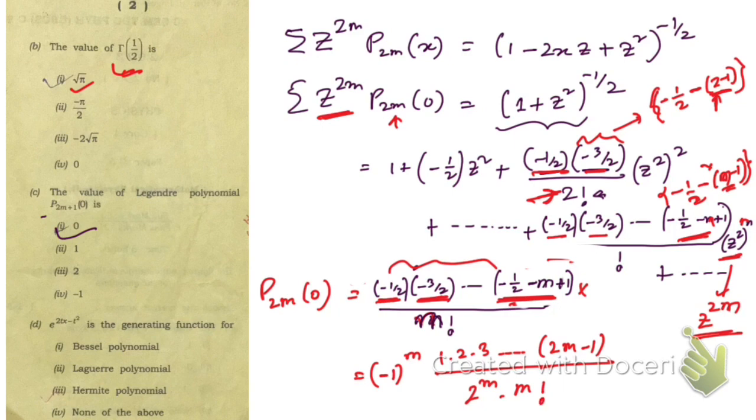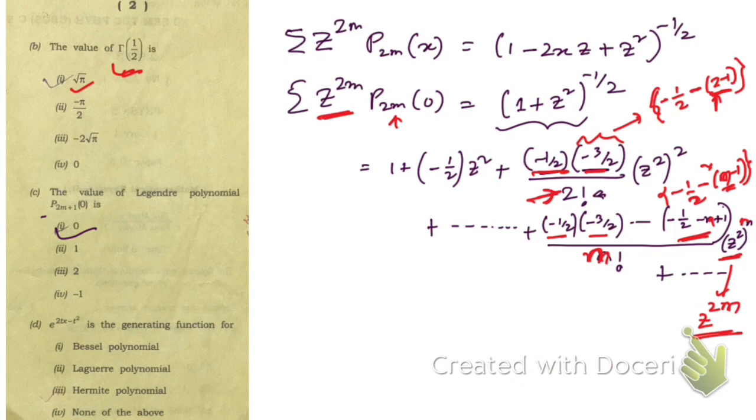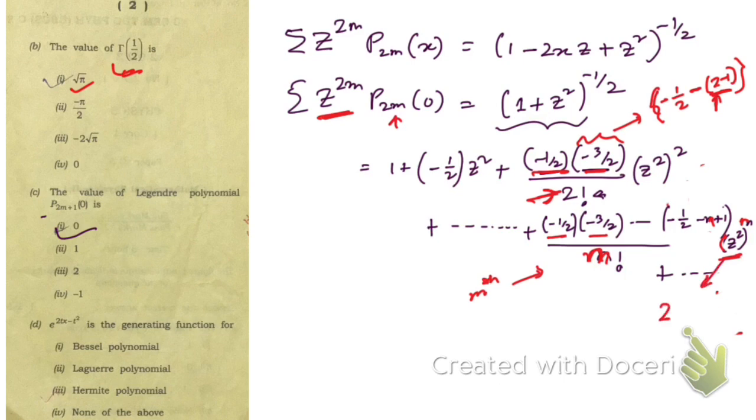Now if you cancel those things, we are not going to deal with these things in this expansion. In this mth term, you can see the power of z is z to the power twice m.